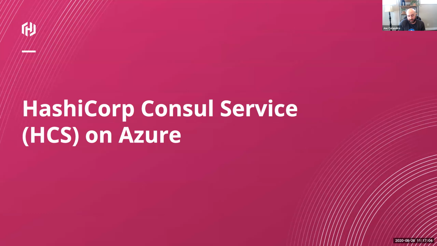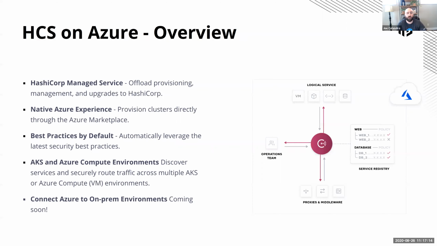But first, let me explain the other main topic of this lecture, which is the HashiCorp Consul Service on Azure. This was just recently made generally available by HashiCorp, and it's a managed service offering of Consul, natively available in Azure.